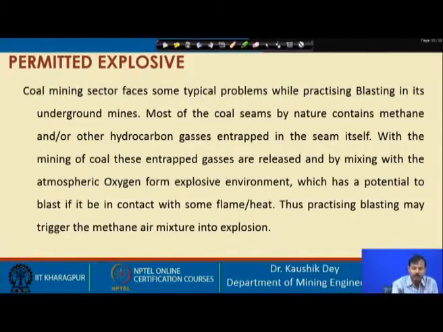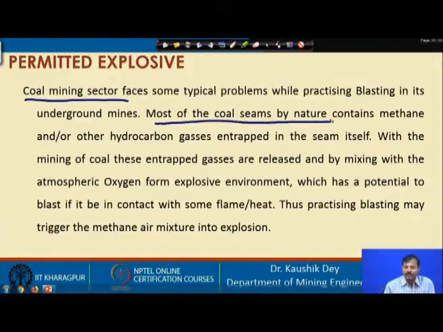When we carry out blasting in the coal mining sector, some typical problems arise. Most coal seams by nature contain methane or other hydrocarbonaceous gases entrapped in the seam itself. With the mining of the coal, these entrapped gases are released, and by mixing with the oxygen of the atmosphere, they form an explosive environment.